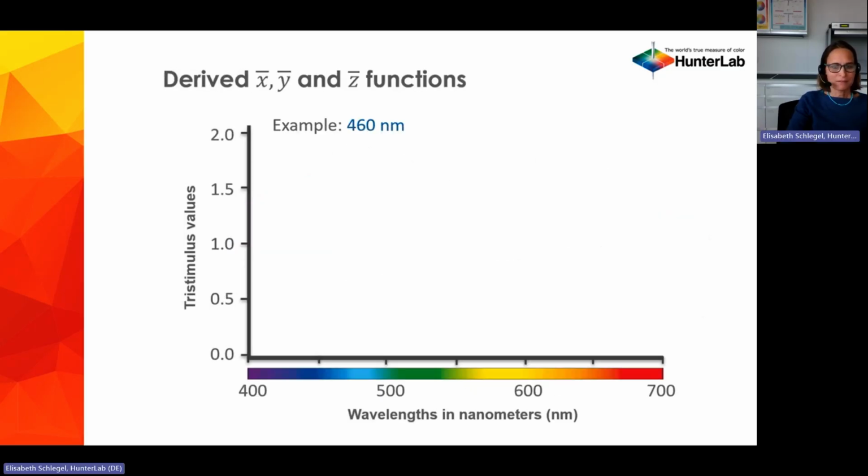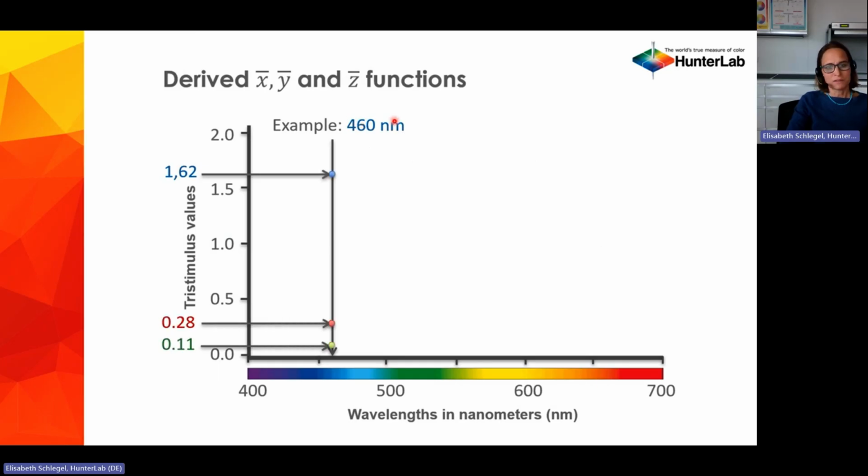For example, if you have 460 nanometers, that is the light which was sent on the lower part of the screen, and the person selected a very big portion of the blue light, a little bit of the red light, and a very low portion of the green lamp. So these are the 3 points which were received at 460 nanometers, and that is done for every wavelength.